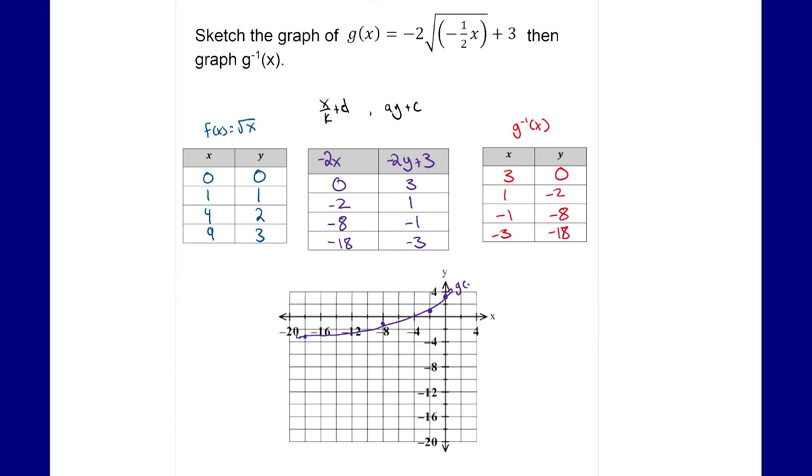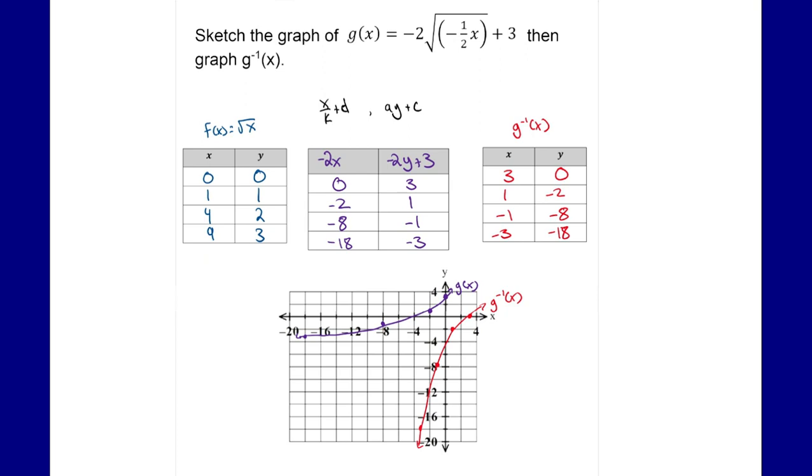So here's our transformed function g of x, and then our inverse of that, we're at 0 and 3, or sorry, 3 and then 0, my mistake, 3 and 0, 1 and -2, -1 and -8, and then -3 and -18. So that's the inverse of our g of x, or inverse of our transformed function.